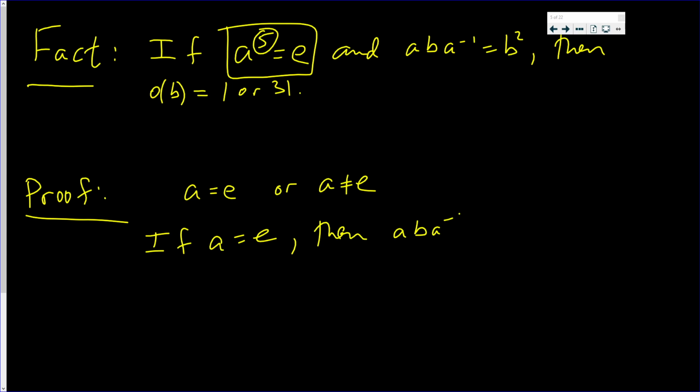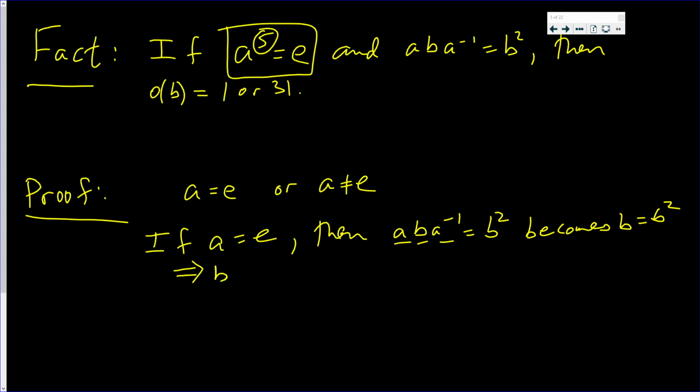a inverse equals b squared simply becomes, remember those are e's, so the left side is e and the right side is b squared.